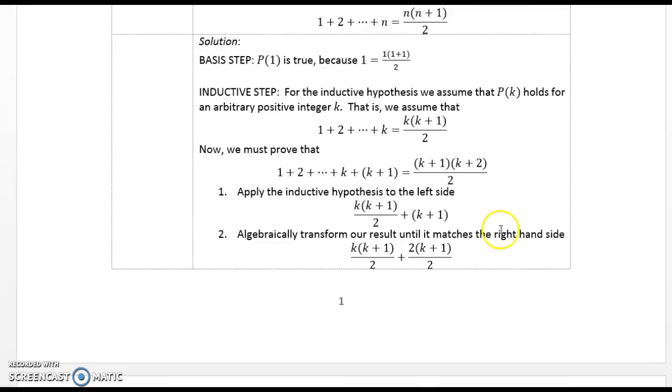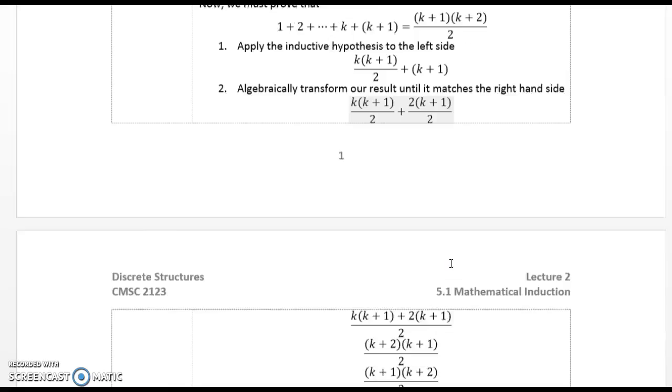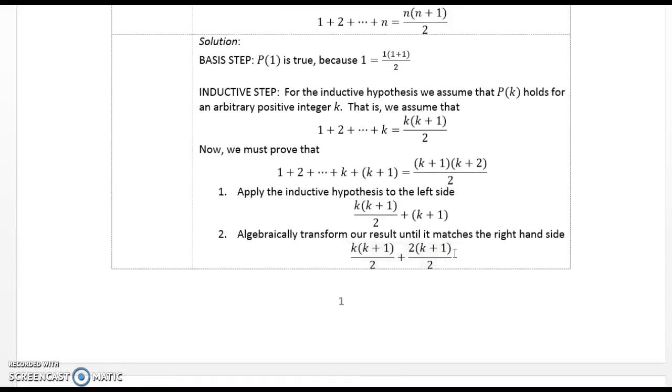We stated what we must prove, and we applied the inductive hypothesis to the left-hand side. We never put any algebraic operations on the right-hand side. So you have to stay on the left-hand side, you always have to apply the inductive hypothesis, and you always must state what it is that you are to prove.